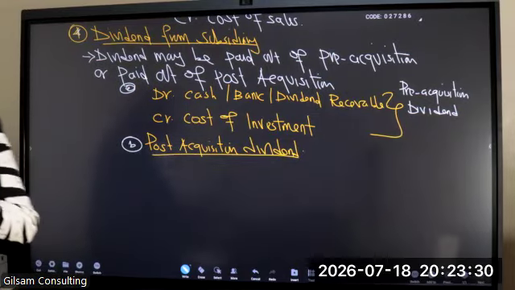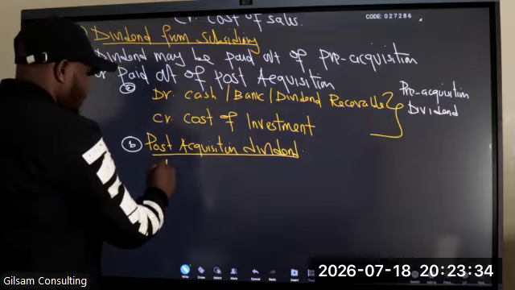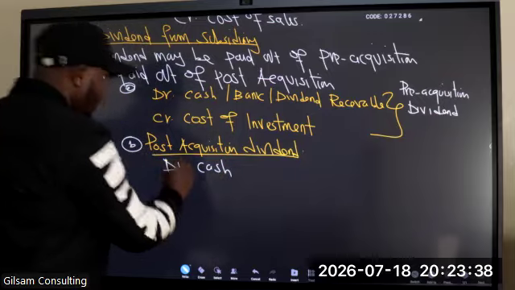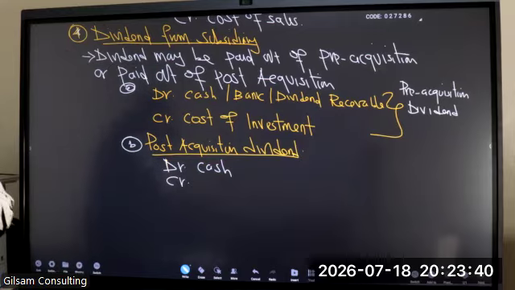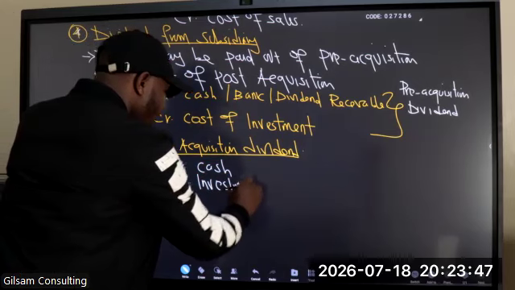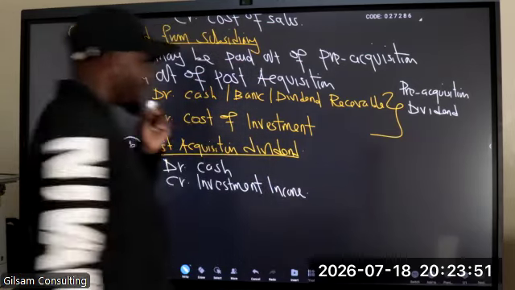We debit the cash because we are receiving, and then we credit the investment income.